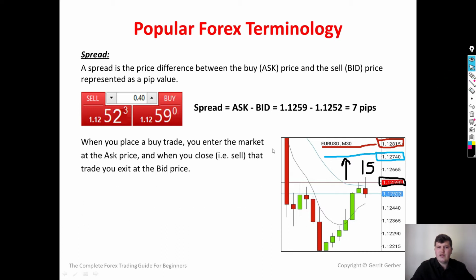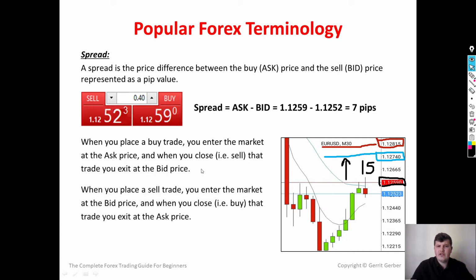Likewise, when you place a sell trade, you enter the market at the bid price, and when you close it or you buy that trade, you exit at the ask price.